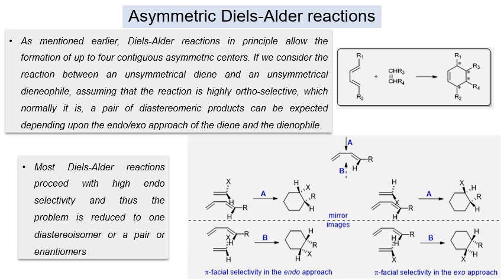If you see in this particular diagram, you will have either an approach from this particular face or this particular face. Now, in the approach from face A, you would get one particular isomer, whereas from approach from face B, you would get another isomer.